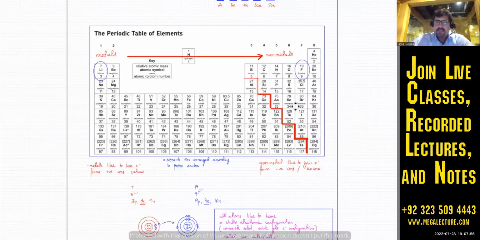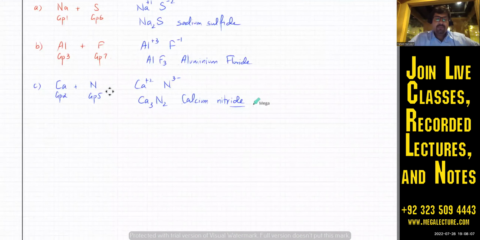The ionic compound is not just limited to your periodic table atoms, because sometimes molecules can also form ions. So there's another class of ions which we will call polyatomic ions.